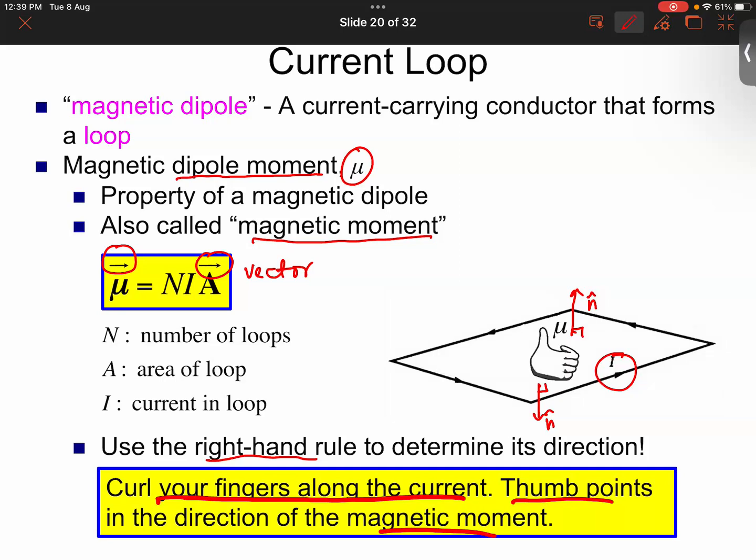So the magnetic moment is therefore in the upwards direction, and it removes the ambiguity of the normal vector pointing upwards or downwards.